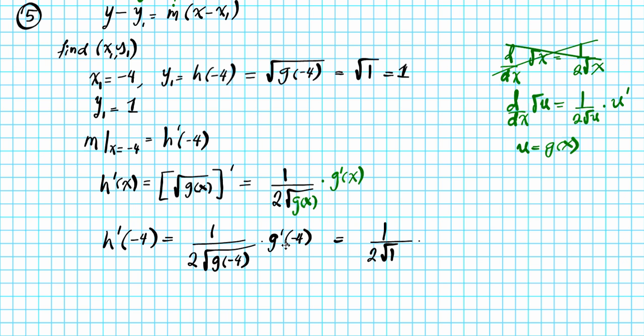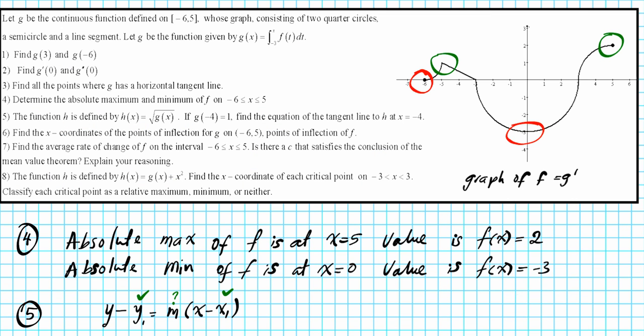Now what is g prime of -4? Remember we stated earlier that this function is the antiderivative of f, which is g. So this function is f. F is equal to g prime. Okay? So g prime at -4 is the same thing as f of -4. We did this earlier, in problem 2, when we said that g prime is f of x.